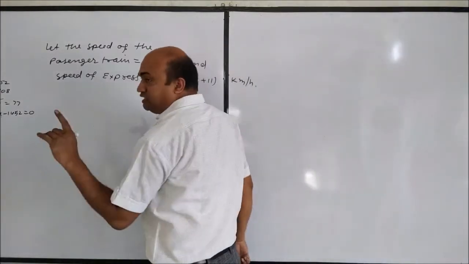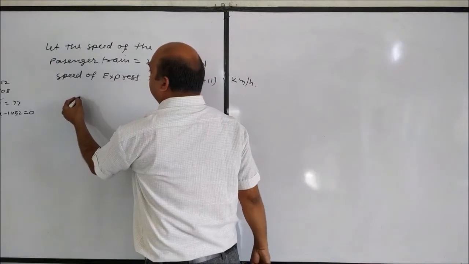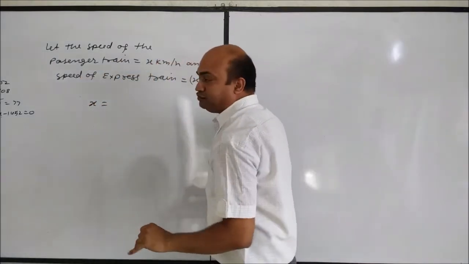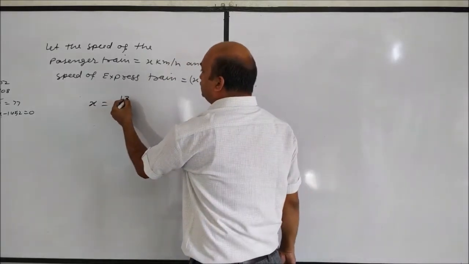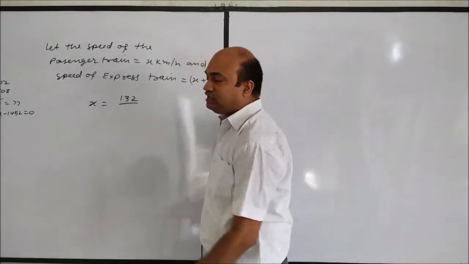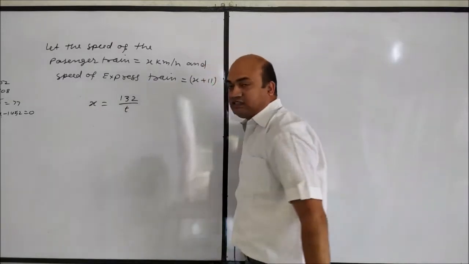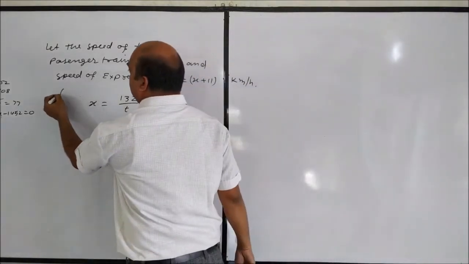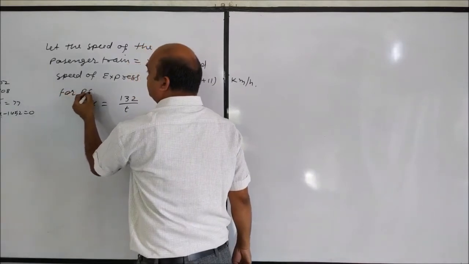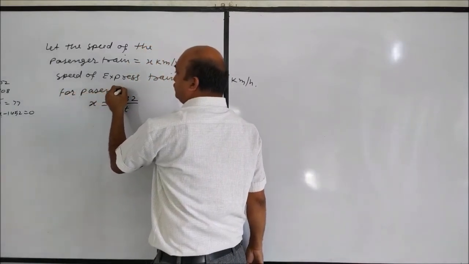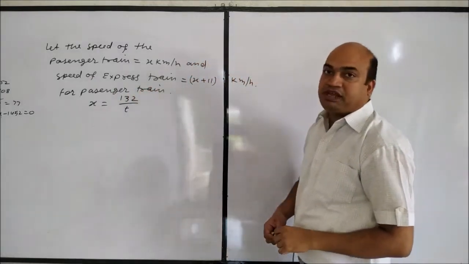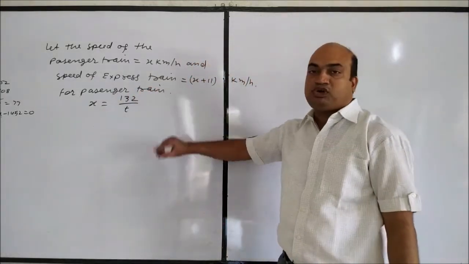Now, by speed equal to distance upon time, speed of the passenger train is x km per hour. It travels 132 km distance in t hours we consider. Okay, this is for the passenger train. For the passenger train, we apply the formula speed equal to distance upon time.